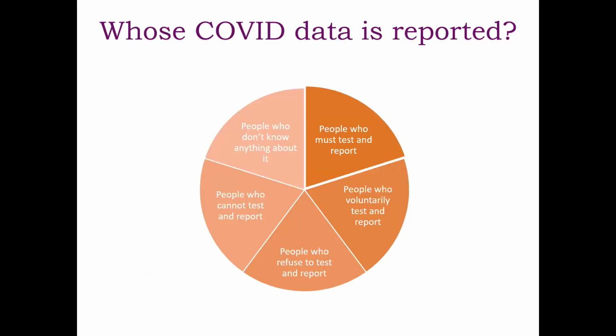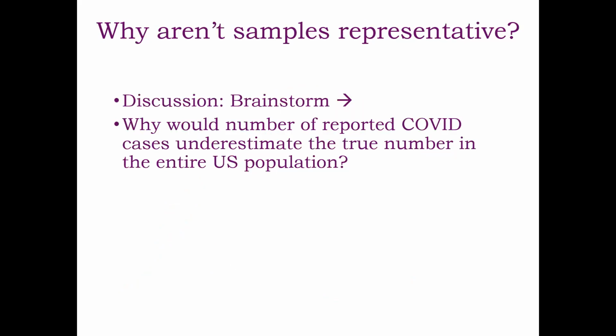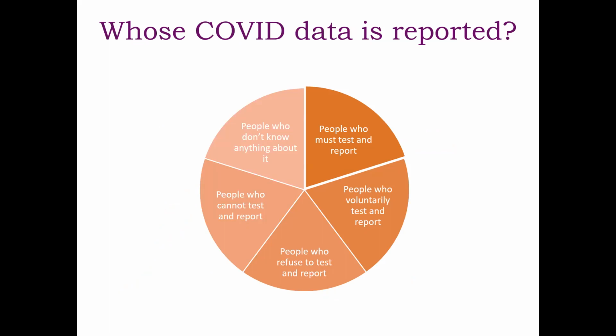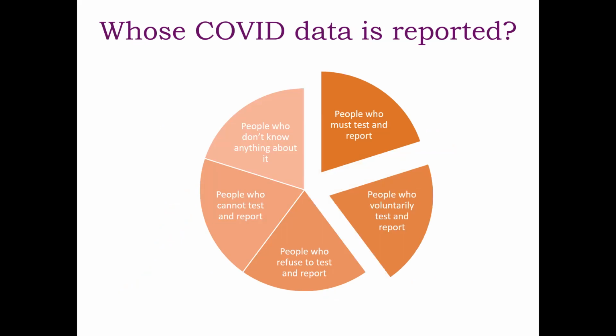Okay, so moving on. We would have had a brainstorming session about why the number of reported COVID cases might not estimate as we expect it does. Well, that's because whose COVID data is reported? People who must test and report, and people who voluntarily test and report. But people who refuse to test and report, people who cannot test and report, and people who don't know anything about it, their data is not included.